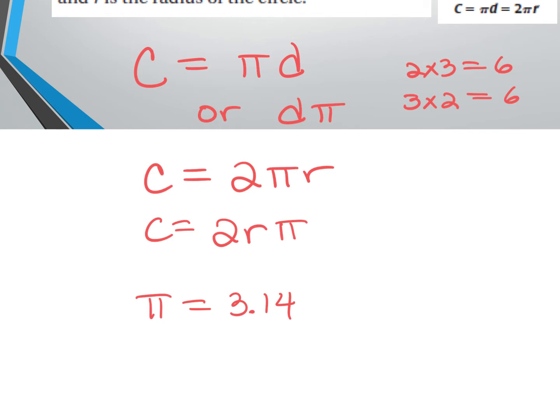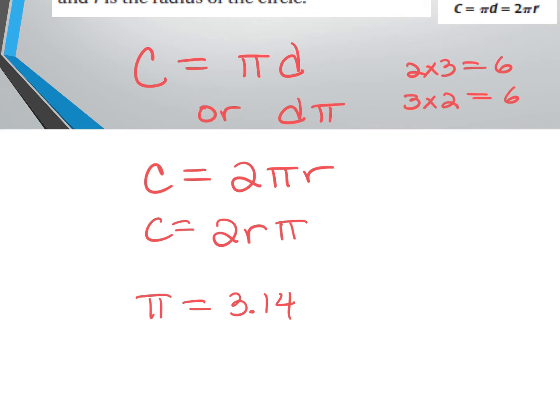However, for our purposes, we're either going to leave the pi symbol in the answer, or we're going to use the pi button. So again, unless the question specifies, leave it in terms of pi or use 3.14 for pi, then automatically just use your calculator and use the pi button.